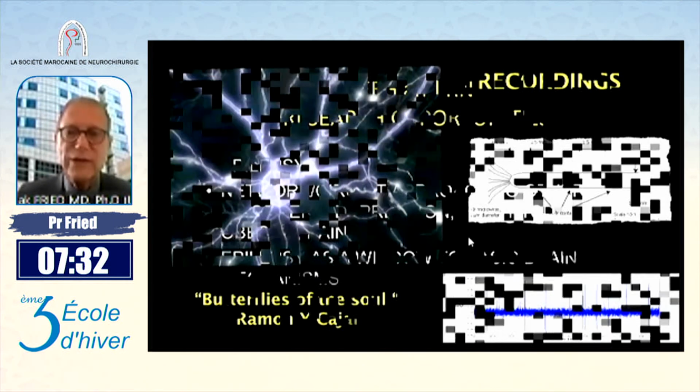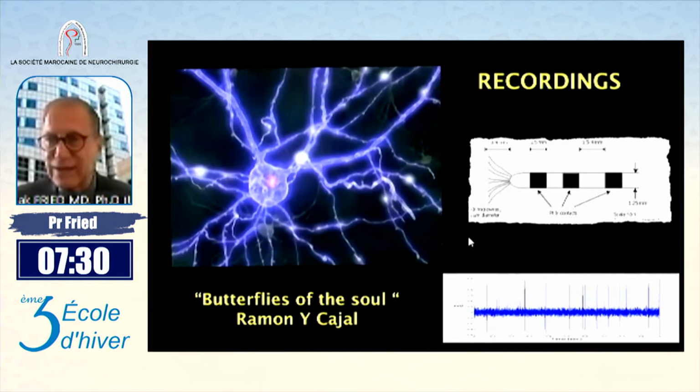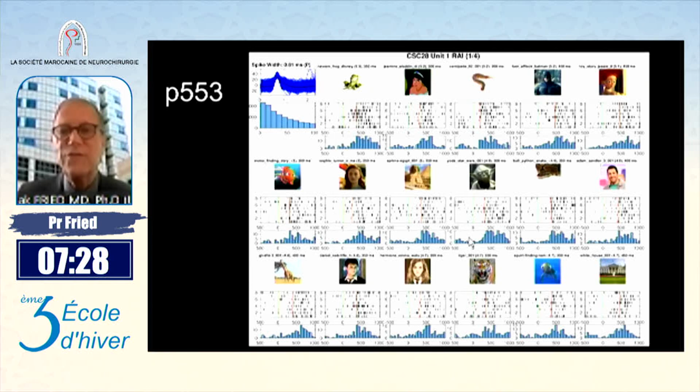Remember, I told you that we can record from single neurons, okay? So here you have an example, briefly, we presented all these visual stimuli, and you can see the action potentials, the spikes, in response to all this. So these are very responsive neurons.